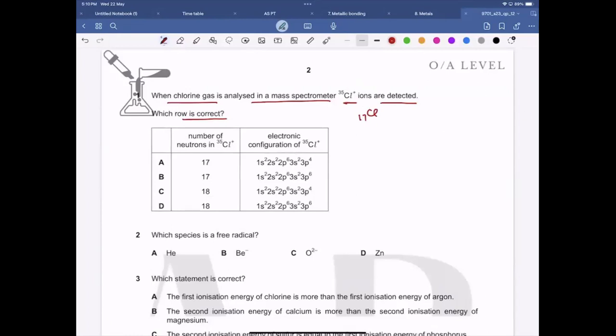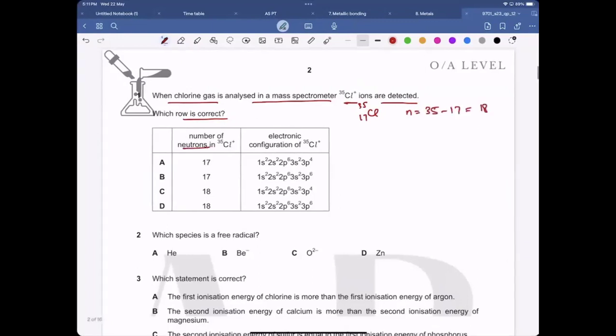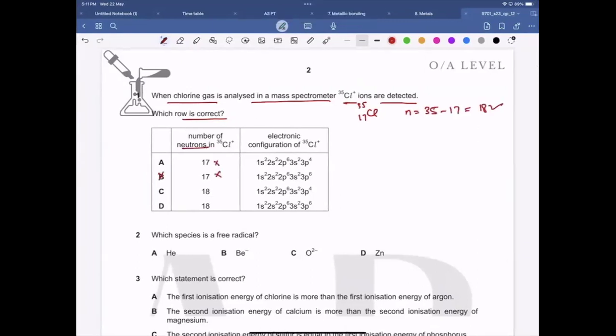They have mentioned 35, so I can find the neutrons by subtracting 17 from 35. So I will get 18. They ask you the neutrons, so the neutrons are 18, which makes A and B wrong.